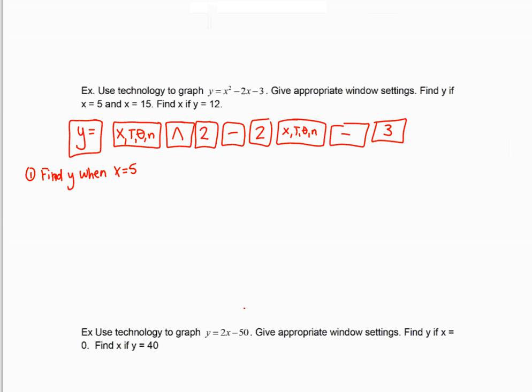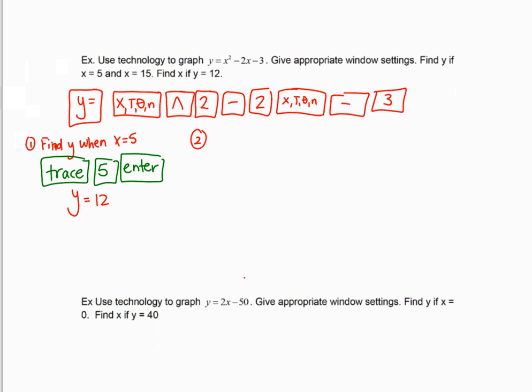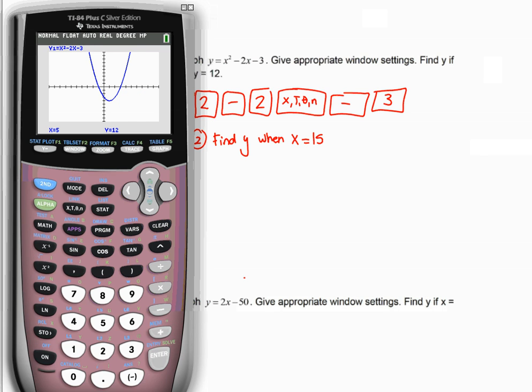So what I pushed was trace, 5, enter, and my answer was y is equal to 12. Okay, the second thing they want us to find: find y when x is 15.